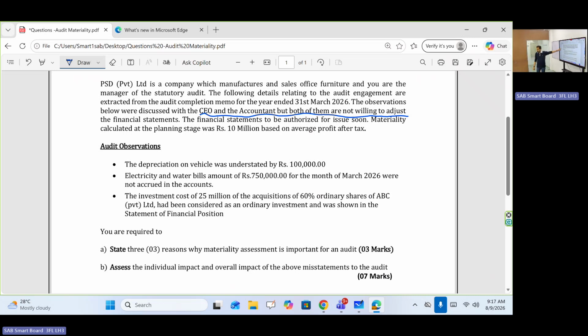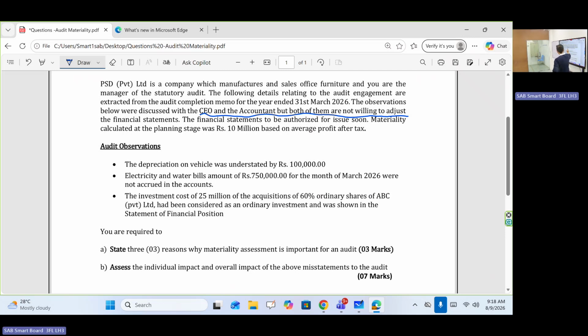But if they don't rectify, a problem will come. In this case, you have observed 3 points, and all 3 have not been accepted by management, so they have not rectified. Now, problem. Clear?